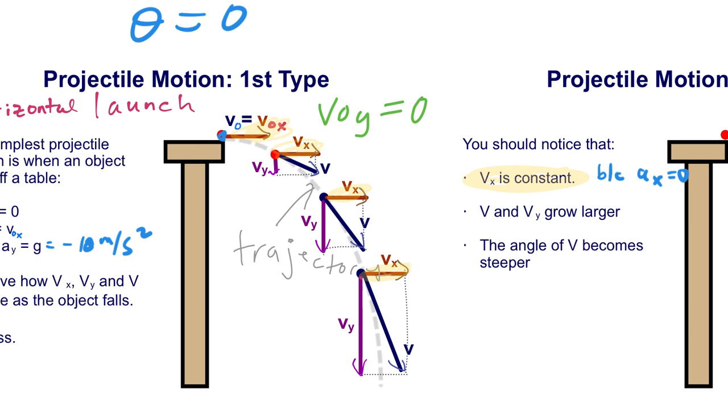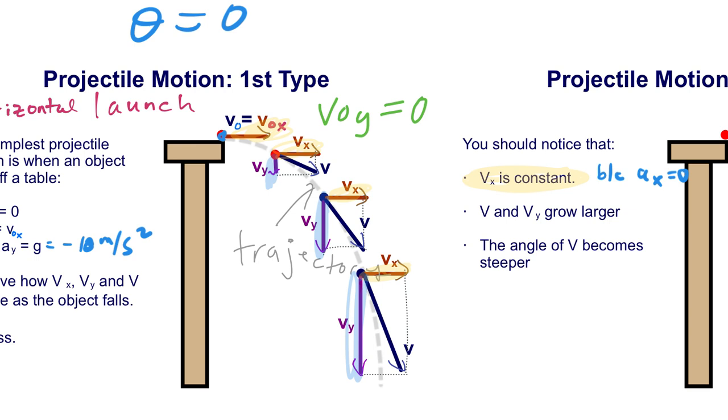The Vy continues to get bigger and bigger by 10 meters per second every second. As you can see in the diagram here, the y component continues to increase by 10 meters per second every second, at least on Earth.